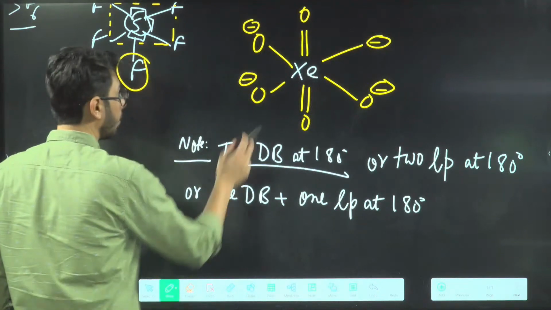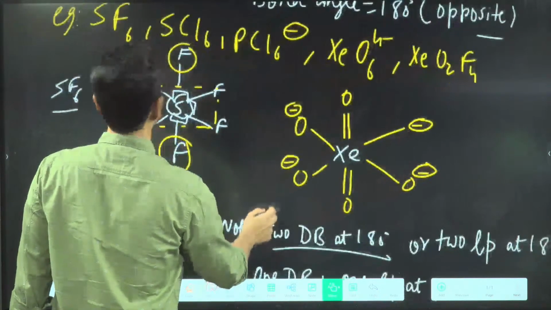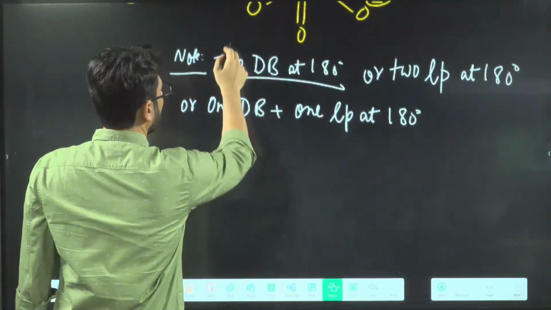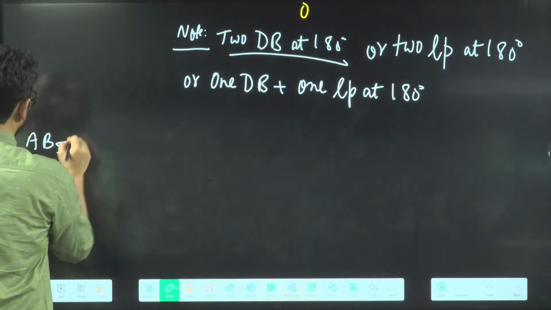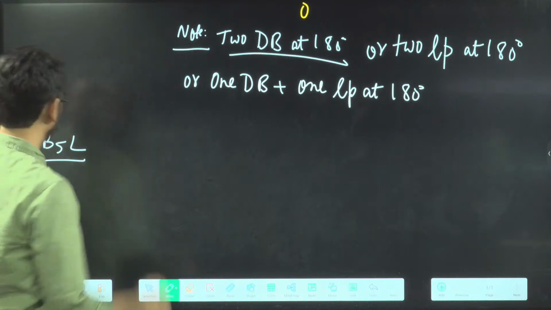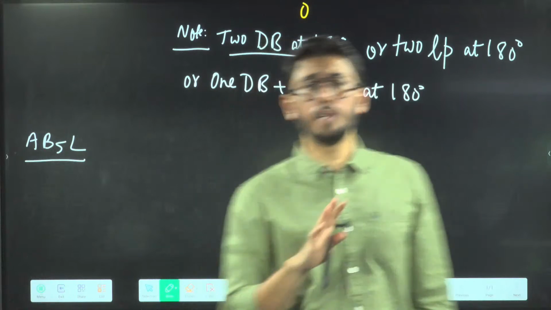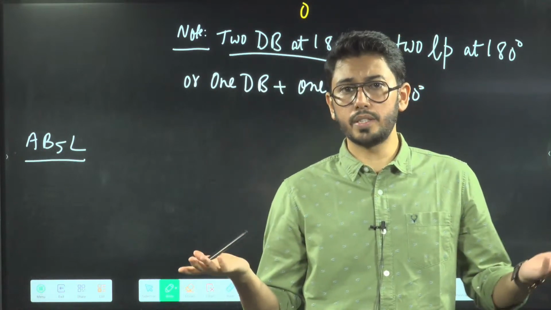So now talking about the other examples written, yes. XeO2F4, you will try this one, AB6 type. Next from the AB6 type, what is derived? AB5L, 5 plus 1 still 6. That is one lone pair. Now tell me, when all bond lengths are the same, we can put one lone pair on any bond because there is no axial and equatorial.